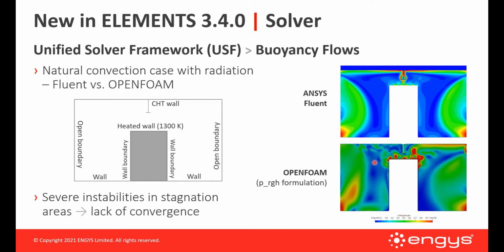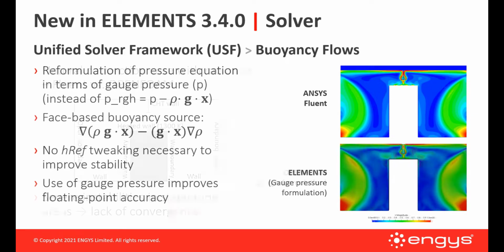And the reason for this is because the standard formulation of OpenFOAM exhibits severe instabilities in expansion areas, which of course lead to a lack of convergence. In order to overcome these issues, we propose a new formulation of the pressure equations written in terms of gauge pressure rather than the standard formulation in OpenFOAM, which is based on what we call the p_rgh, which is nothing other than the pressure minus the static head.